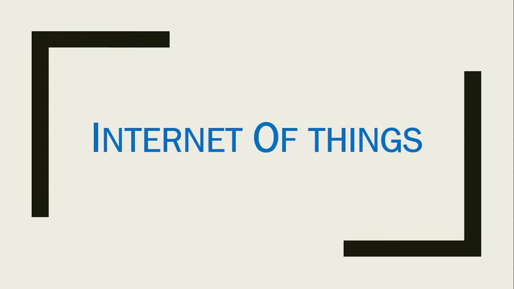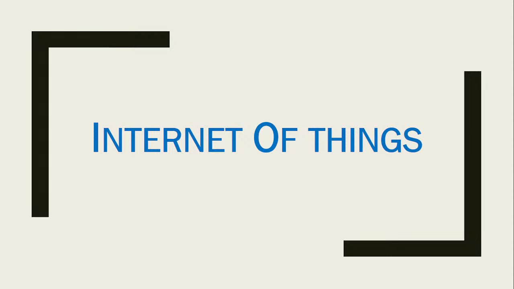So here we'll start with the basic history of the Internet itself. First we'll see the history of the Internet and the eras, how it came to a time where we are using Internet of Things for different types of purposes.